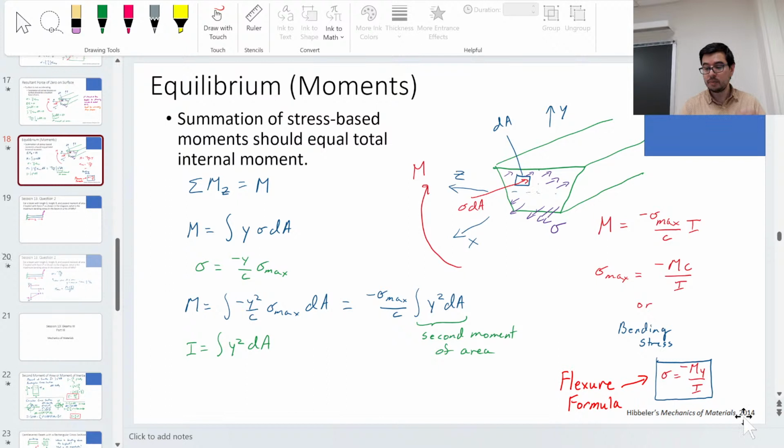And would M here be a function of x? Or no? Yes, it's definitely a function of the distance along the beam. So do you like integrate or something with the flexure formula? So you need to figure out what the local bending moment is, and that may require some integration. Or you could do it with equilibrium. Okay, I think I get it.